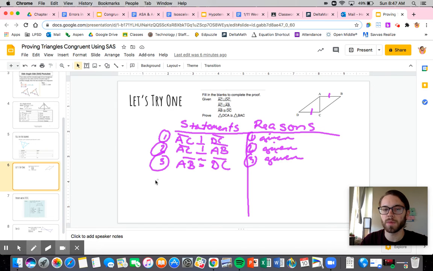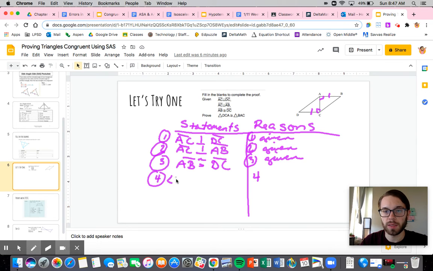So what does it mean for lines to be perpendicular? Well, when lines are perpendicular, we know they meet at right angles. So because these are perpendicular, we can say that these two angles right here are going to be right angles, right?